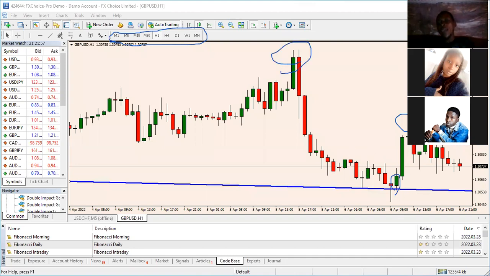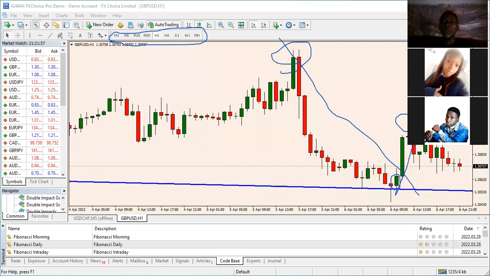When you buy, the impact is not much, but when it goes for sale, the impact is much. Can you see that? The person that bought from here, the impact is not much. So that is why it's good to wait for an opportunity to sell, then you sell.